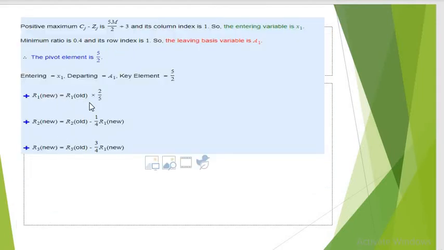The elementary row operations are new R1 equal to old R1 into 2 by 5, new R2 equal to old R2 minus 1 by 4 into new R1, and new R3 equal to old R3 minus 3 by 4 into new R1.